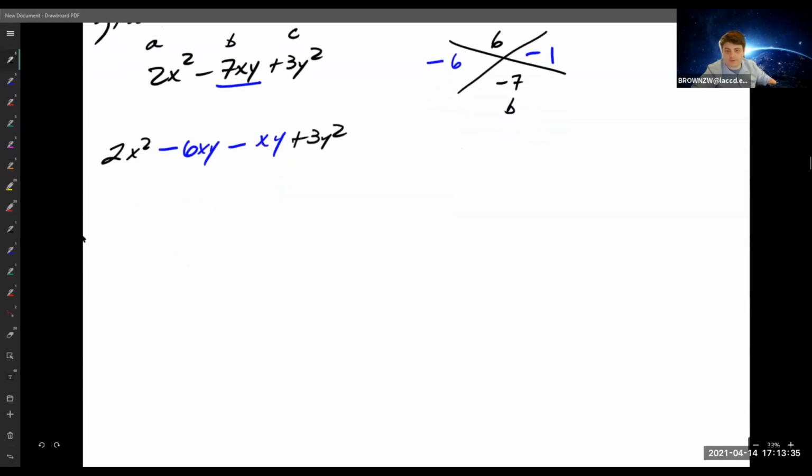Okay. So looking to see what can we pull out of the first two terms. These both have a 2 on them, and they both have an x on them. So dividing these each by 2x, it's going to leave me with x minus 3y.